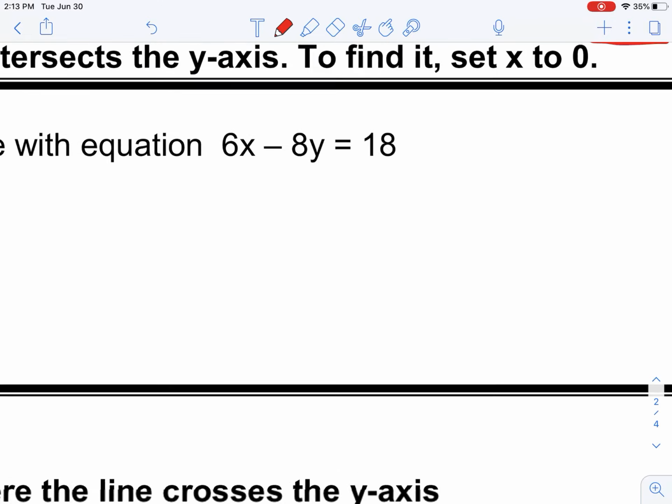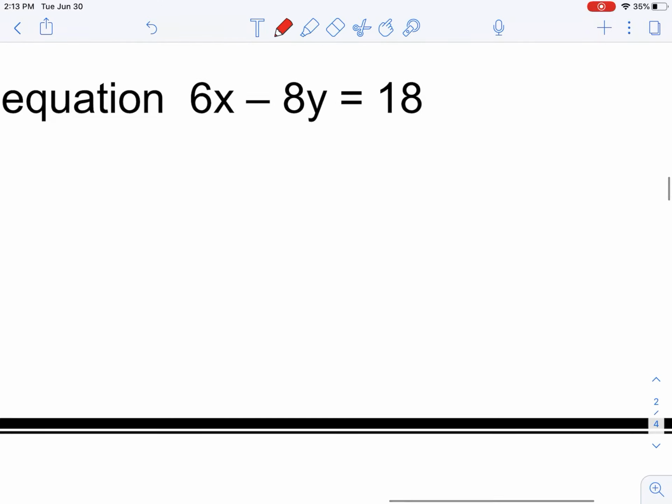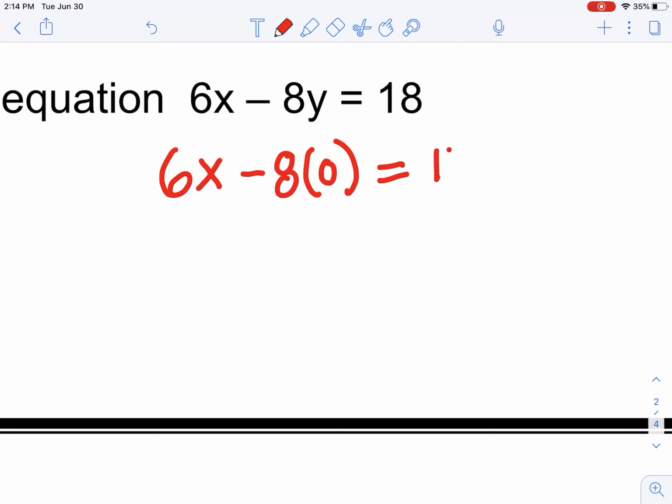Since I'm trying to find the x-intercept, I'm going to let y equal 0. So 6x minus 8y equals 18. Again, to find the x-intercept, let y equal 0.